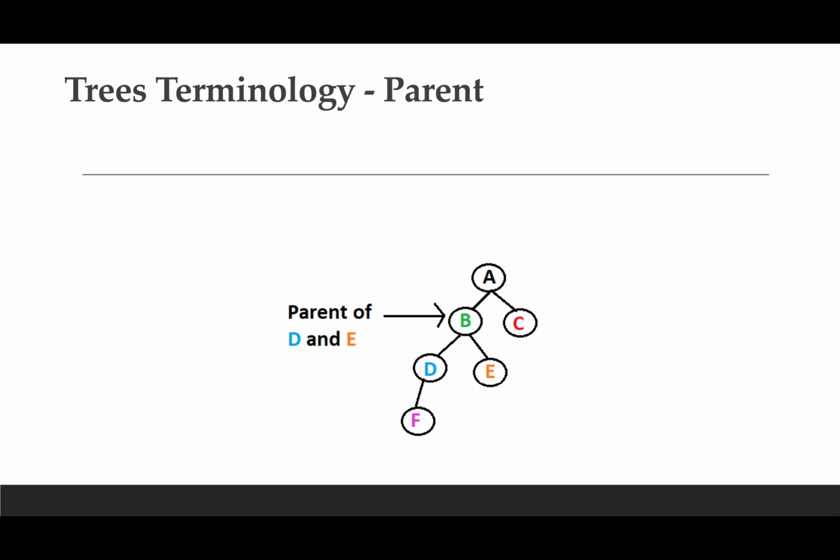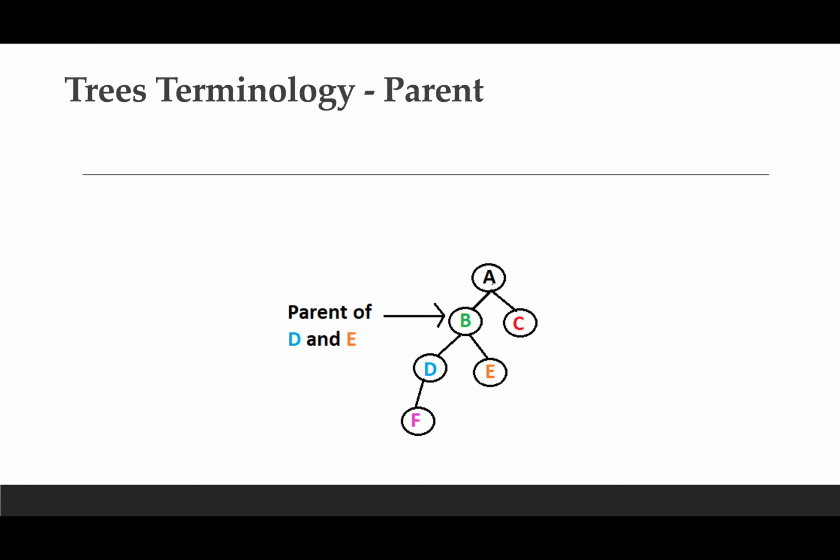Then the next one is the parent node. A node that has children, or has branches connecting to other nodes, is called the parent node. The parent node has one or more children.